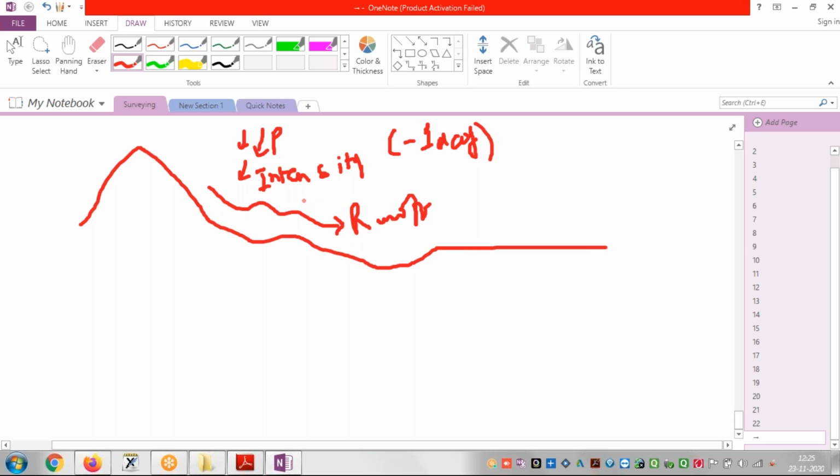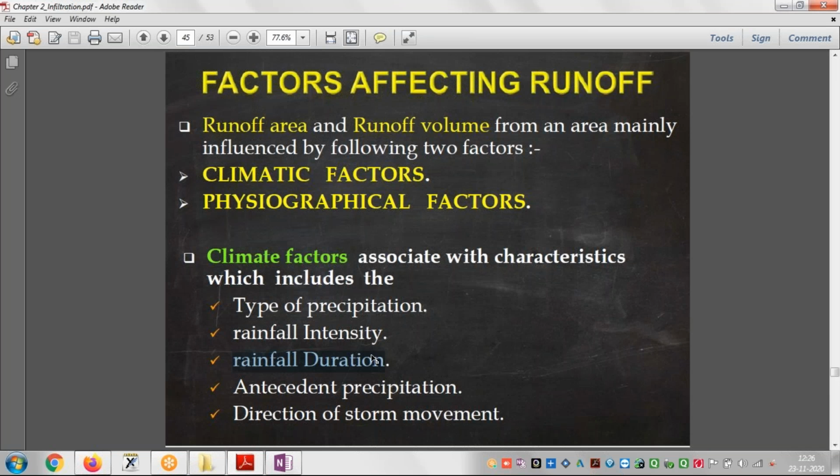So what happens when continuous rainfall occurs? Flood occurs, right? So one of the reasons is the duration of the rainfall. If it is more, then more runoff will be generated, so duration of rainfall is also one of the factors which affects the runoff.